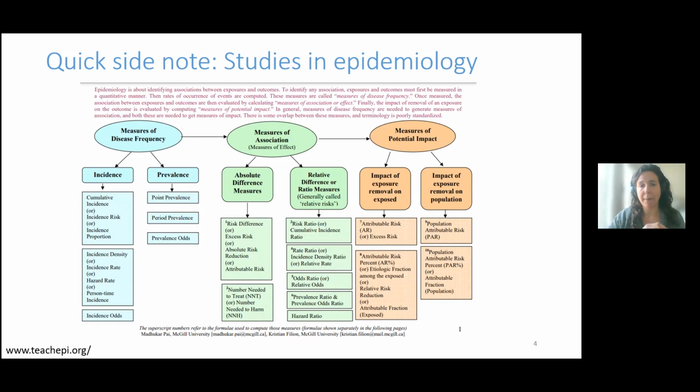I also wanted to put this slide up because these may be terms that you hear as you're thinking about your own work or reading papers. So I thought it might be helpful for you to have a point of reference for understanding what some of these designs are doing in broad strokes and how they relate to other designs. I'm not really going to talk about these very much, but you have the source for them and you can go back and read more later.